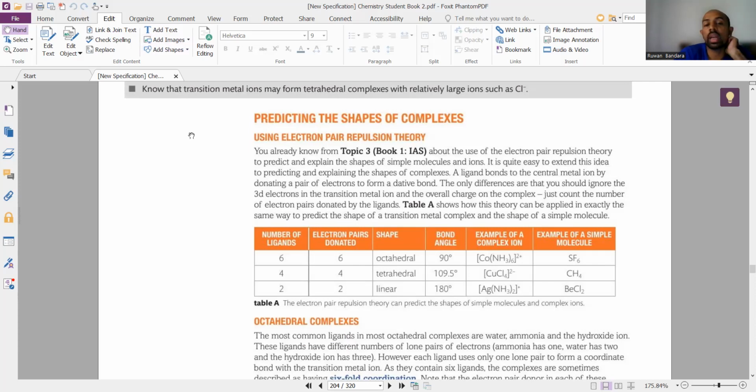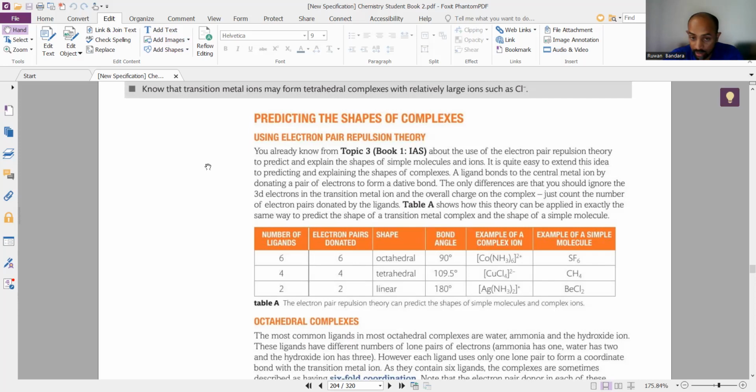Based on electron pair repulsion theory, we can determine the shape. There are three most common shapes: octahedral, tetrahedral, and linear.